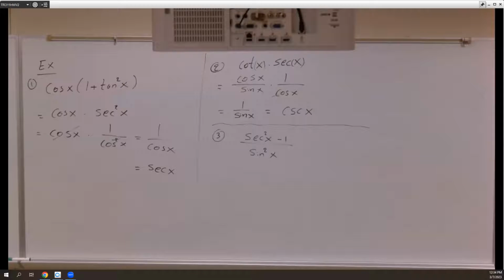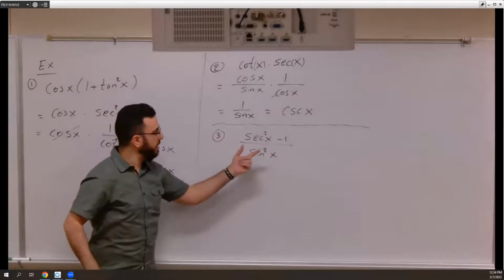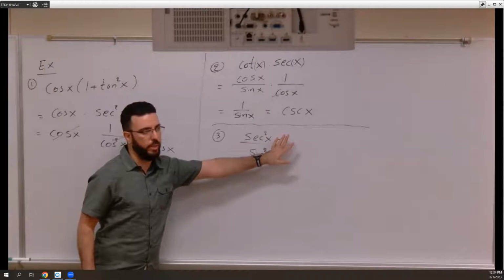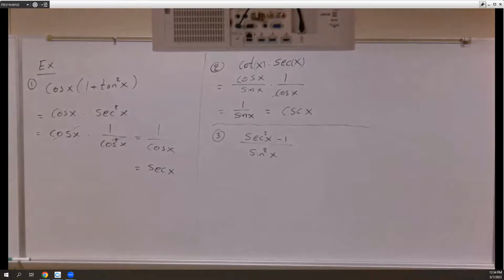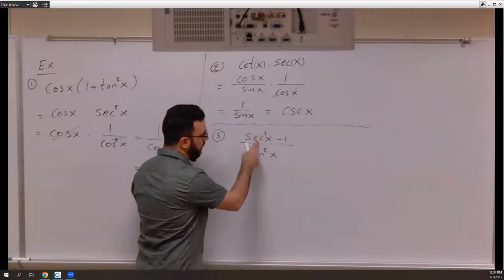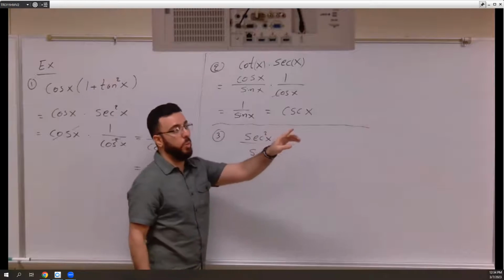Who's going to tell me the first step, even if it's wrong? Okay, don't be scared. Simplify the top part. Secant square x. I'm not going to worry about the negative one, okay? Now tell me, because there is more than one way to solve it. If I want to solve it, I'm going to say, okay, I can simplify the secant square x minus 1, equal what?